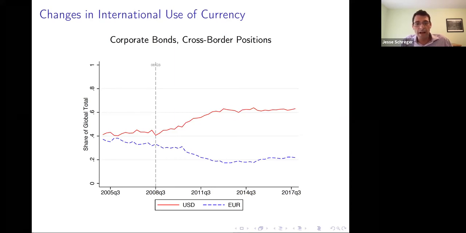Particularly around the global financial crisis and then the European sovereign debt crisis, you see a huge change in the share of cross-border financing for corporate bonds that's in dollars versus euros. We discussed some reasons why that would be the case, but fundamentally understanding the drivers of this shift is an important research question.